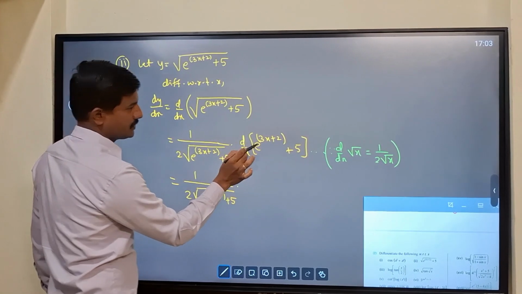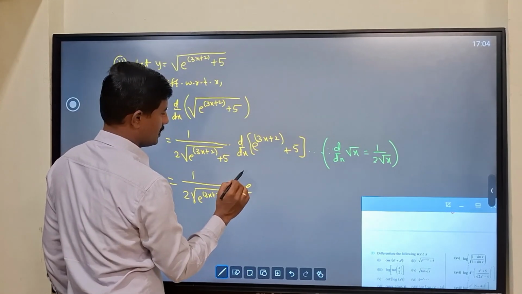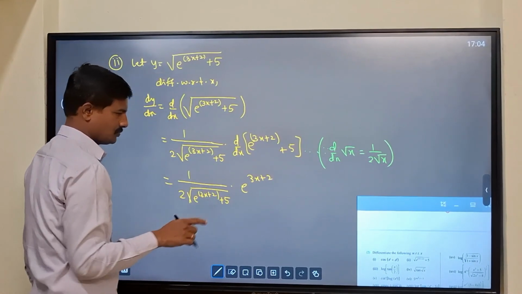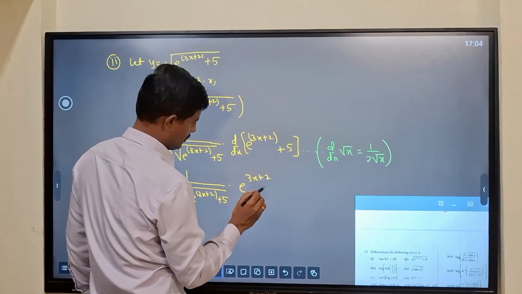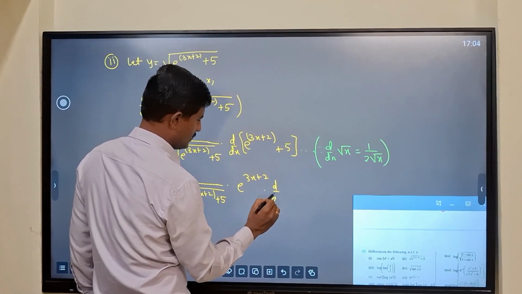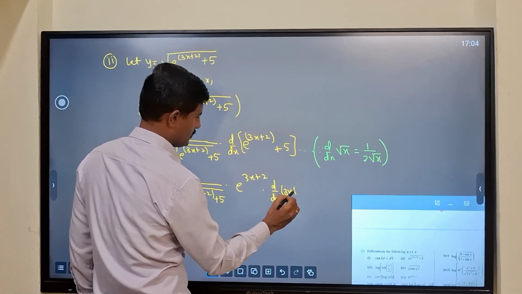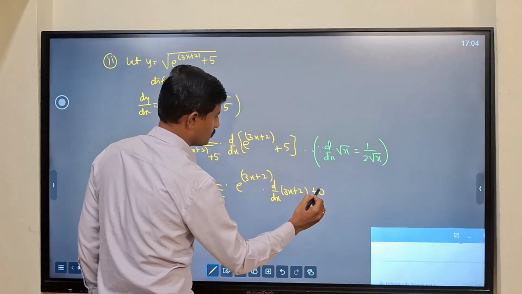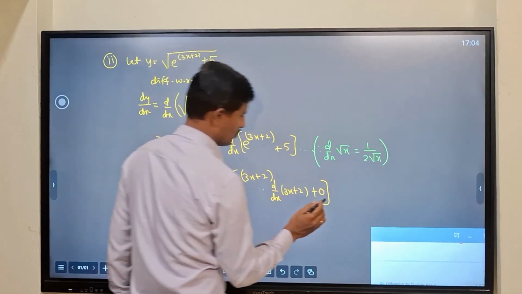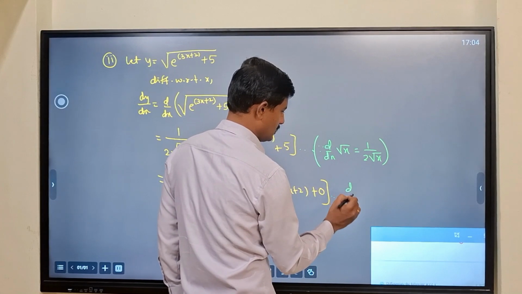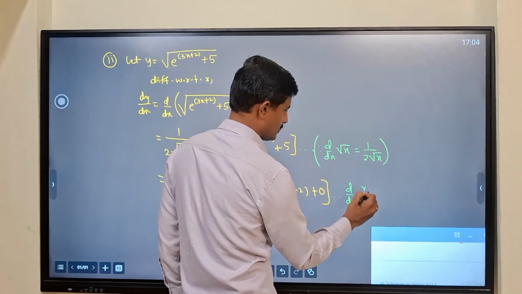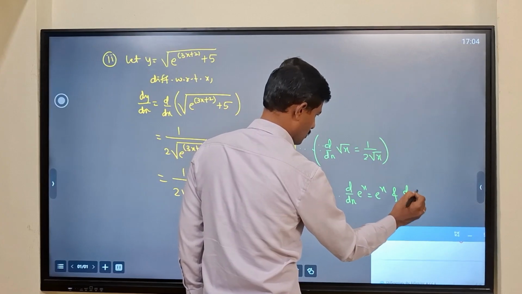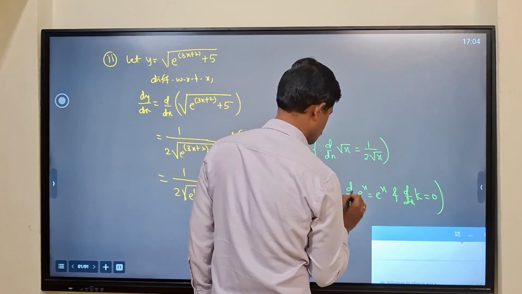Now see, differentiation of exponential quantity is as it is, e raised to 3x plus 2 will remain as it is, into d dx of 3x plus 2 plus differentiation of 5, which is 0. Why? Because d dx of e raised to x is e raised to x and d dx of any constant is 0.